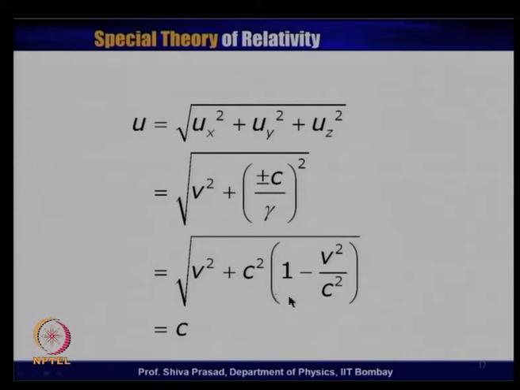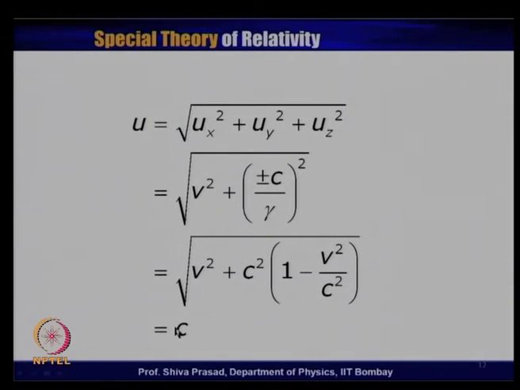This is v square plus c square by gamma square, and this gamma square has been written as 1 minus v square by c square, with c square still here. If you expand, you will get v square plus c square, and when c square gets multiplied to this factor, this becomes minus v square. So, you will have v square minus v square, that will cancel, giving you just plus c square.